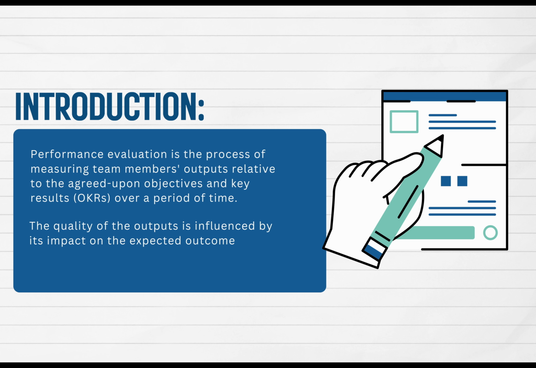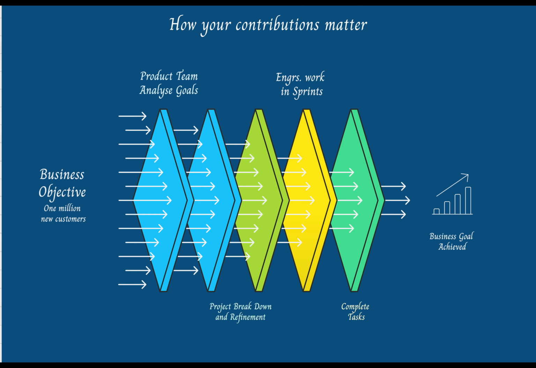You as an engineer, you are supposed to deliver feature A, B, C, D to help the business achieve that objective. Did you really achieve that objective? Right. So let's look at how your contributions as a software engineer impact the business objectives.